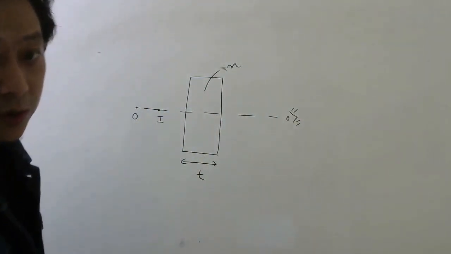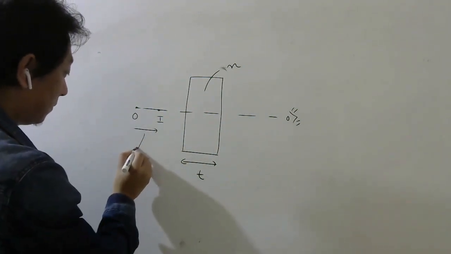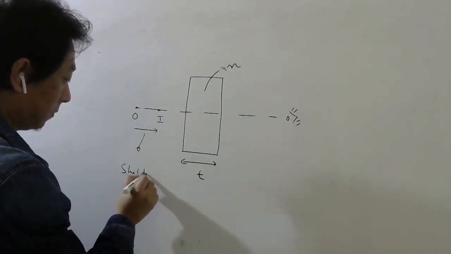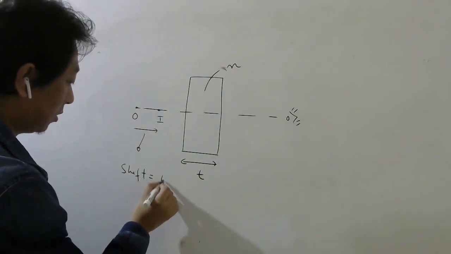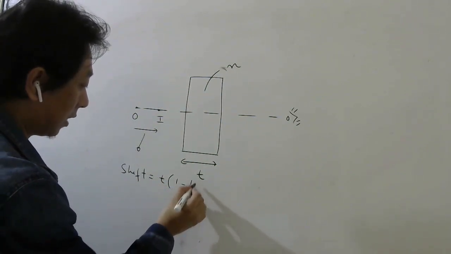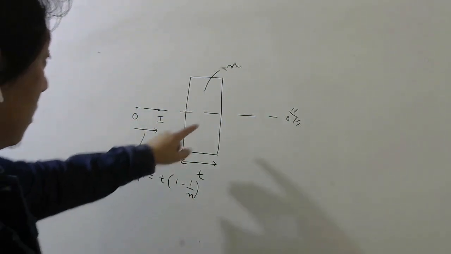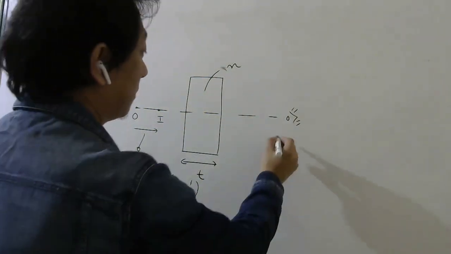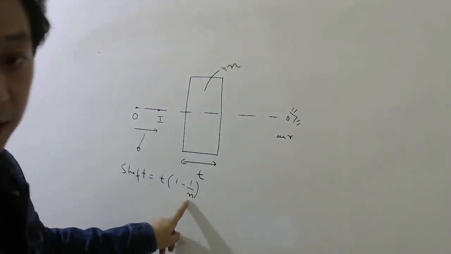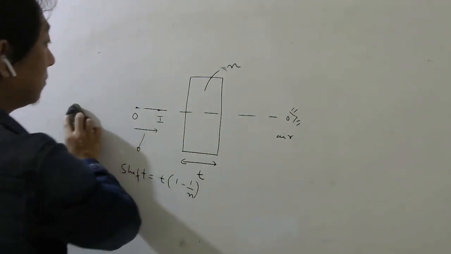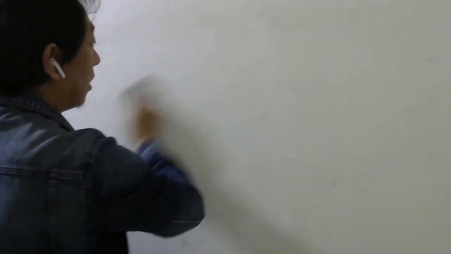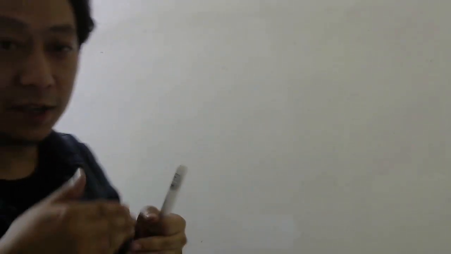The image will be formed somewhere here, and the shift, not the distance from the surface, only the shift, will be equal to T times 1 minus 1 by n if your observer is in air. Otherwise replace n by n naught. So keep this formula in your mind. This shift gives you the distance by which the image is separated from the object, and the shift is always in the direction of the incident ray.